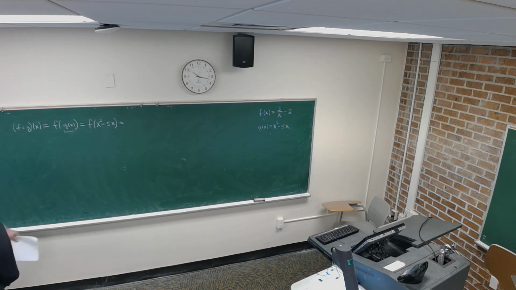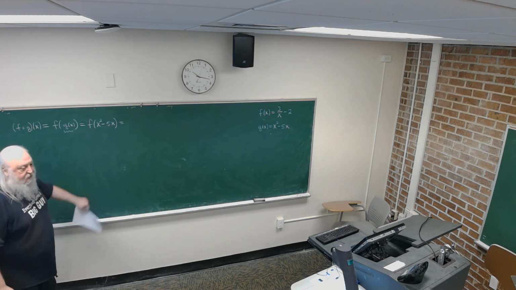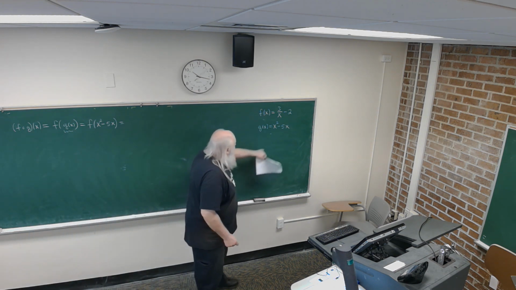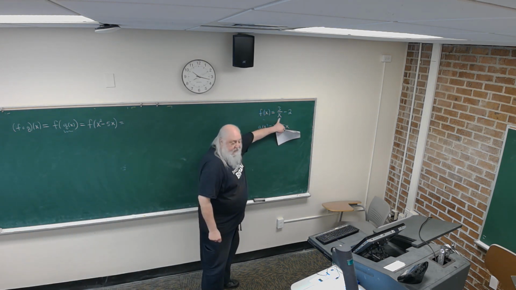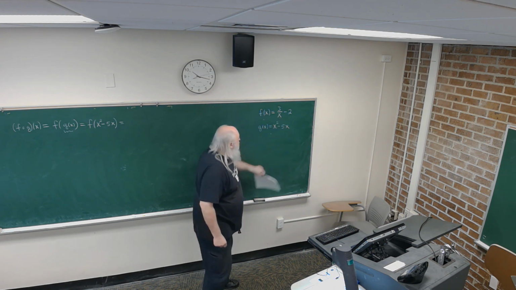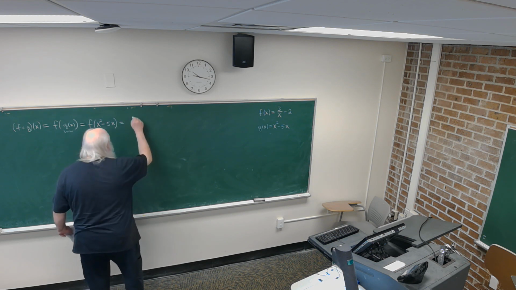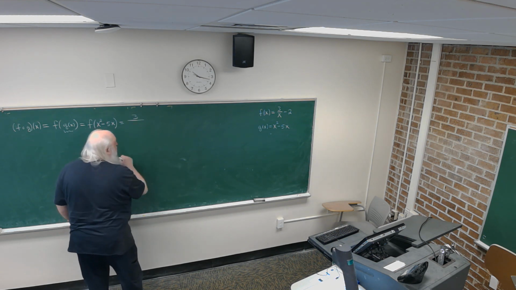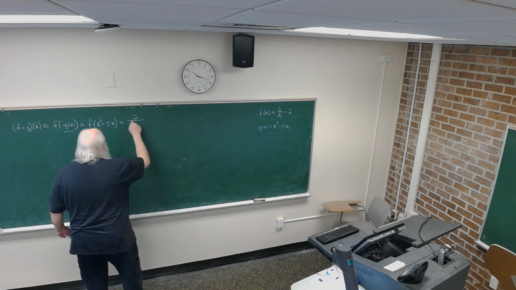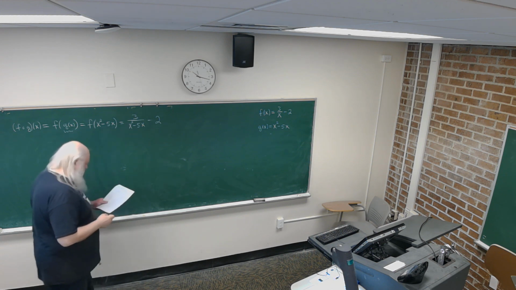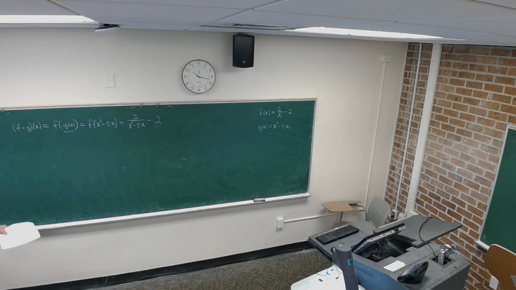And now I evaluate the function f at x squared minus 5x. So wherever I see an x on the right-hand side of f of x, I replace it with x squared minus 5x. So this is equal to 3 over x squared minus 5x, minus 2. Now we've got to simplify.